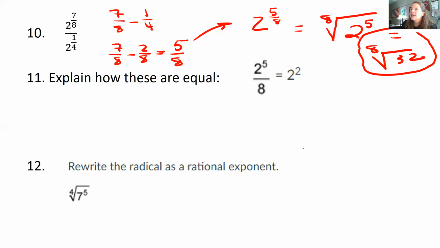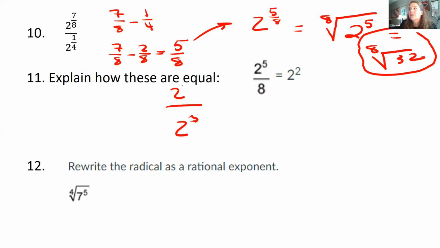All right, number 11. Explain how this is equal to 2 squared. Well, we're dividing two numbers, and right now the two numbers don't have the same base, right? So we're going to rewrite 8 as a power of 2. So 2 to what power equals 8? 2 times 2 times 2 is 8, so 2 to the 3rd power. 2 cubed is 8.